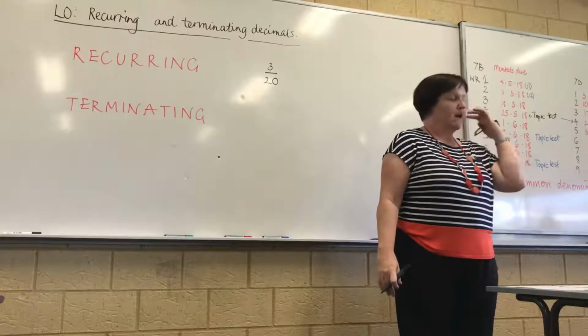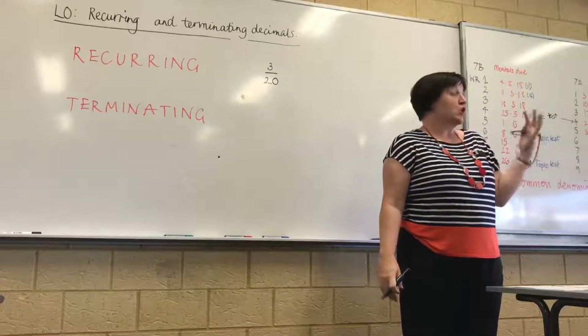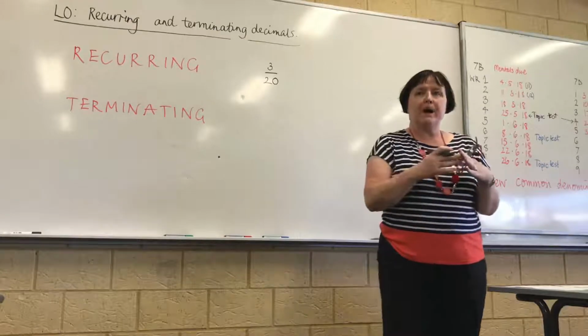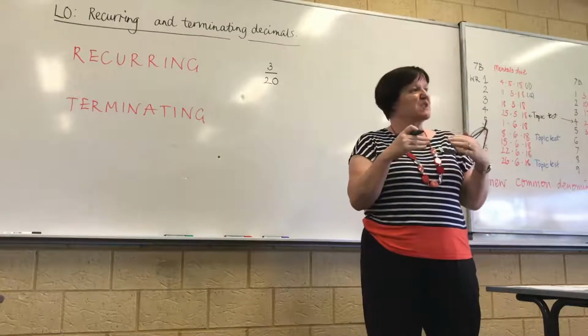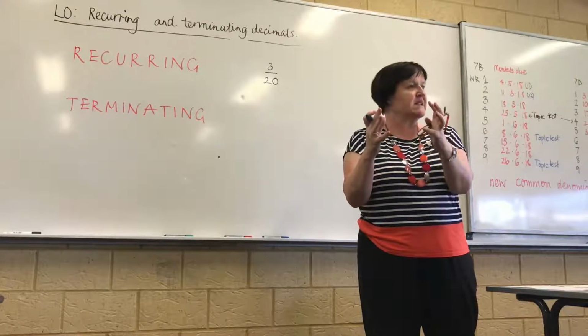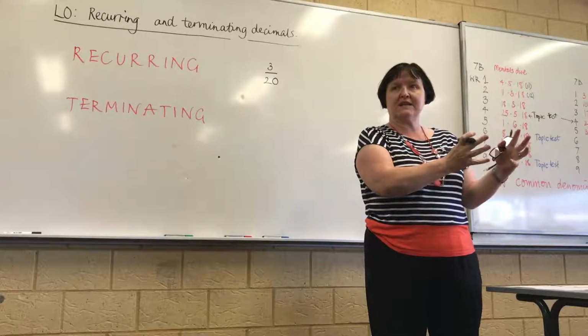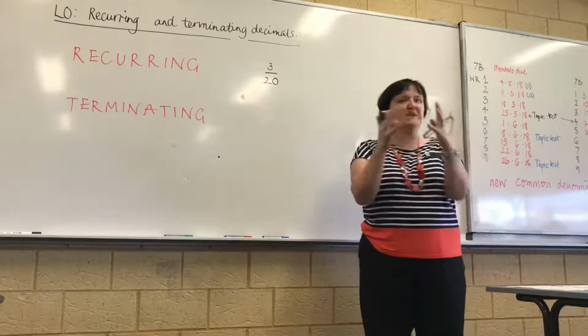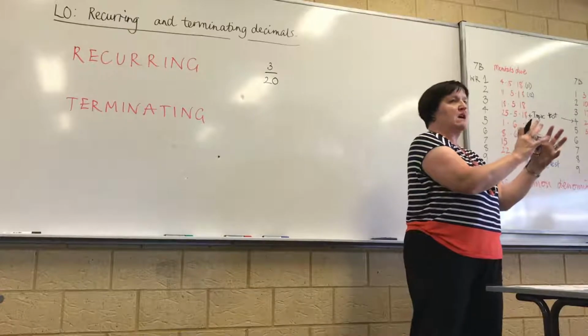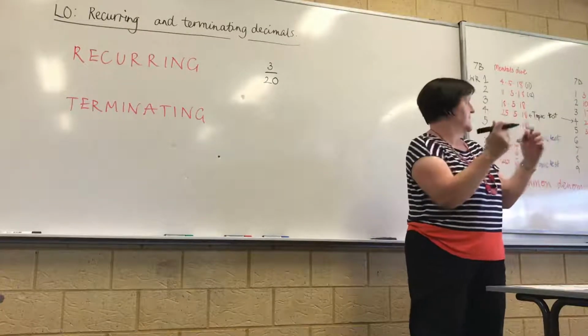Of course, you could do it on a calculator and find out what the decimal was. But what I want to do now is predict whether it's a terminating decimal or a recurring decimal. So who thinks it might be terminating? Who thinks it might be recurring? Okay, let's have a look.